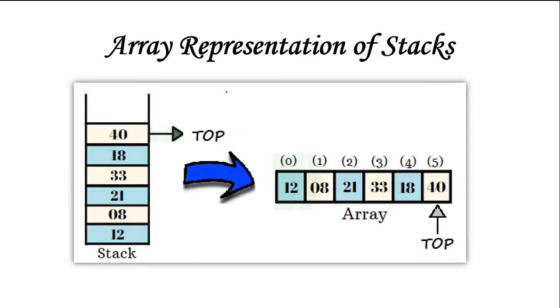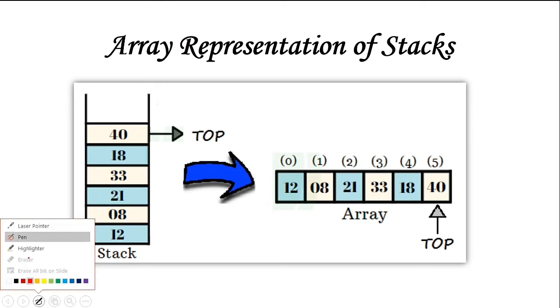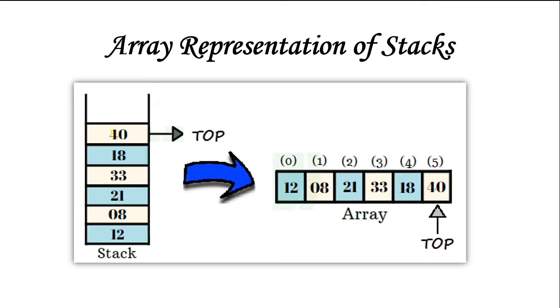Now how can we represent the stack using an array? If you consider this, there is a stack over here, and there is some data over here, right? So 12, 8, 21, 33, 18 and 40. 40 is the last element in the stack, which is in the fifth position. If I represent it from 0 to n minus 1, then it is in the fifth position, right?